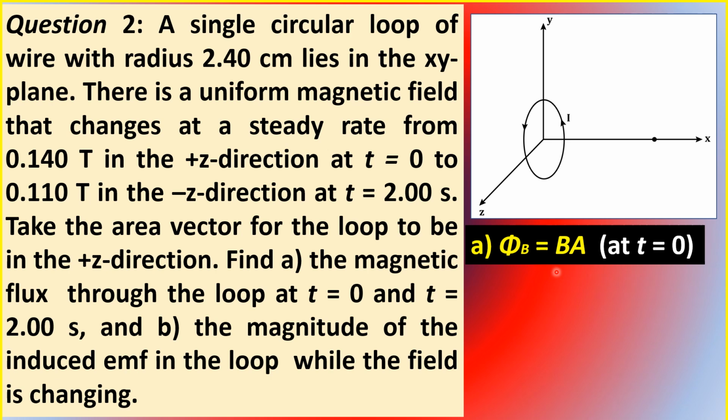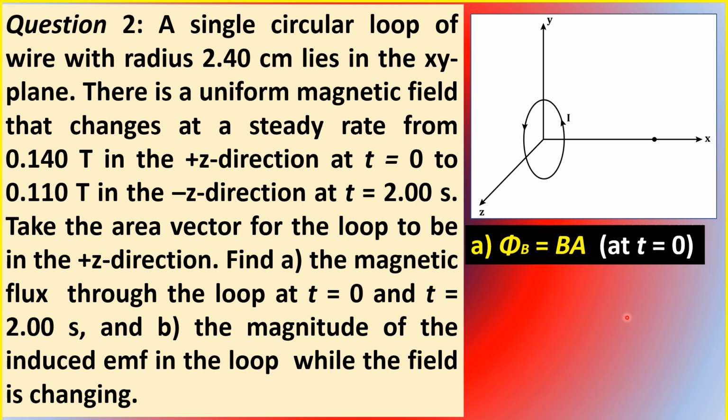The first vector is the magnetic field, which originally is directed towards the positive z-axis, and then that will be multiplied by the area vector A, which at time 0 is also directed towards the positive z-axis. That's the first one.